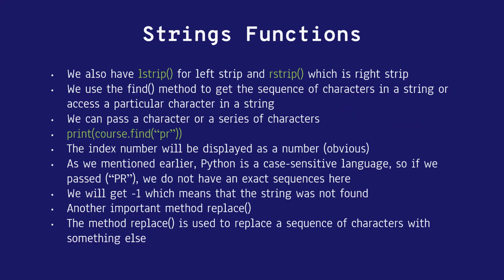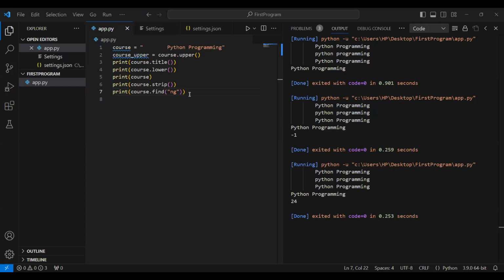We use the find method to get the sequence of characters in a string or access a particular character in a string. We can pass a character or a series of characters. For example, if we want to find this, let's use the find method.